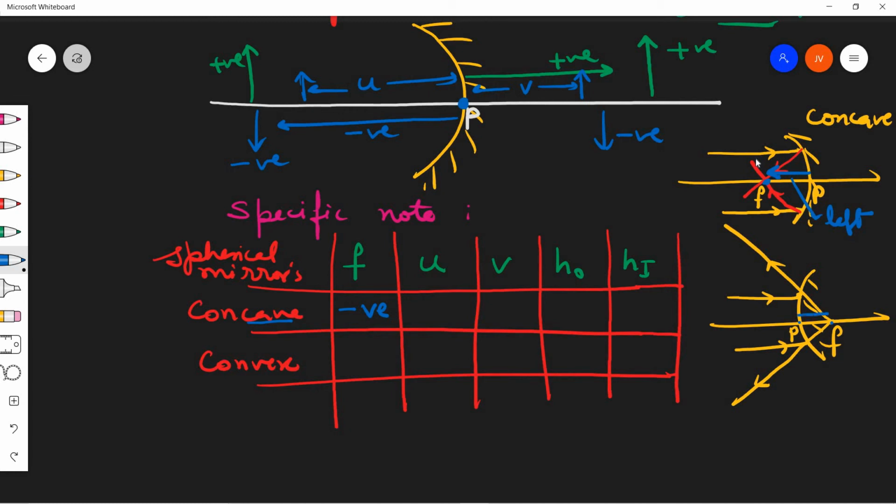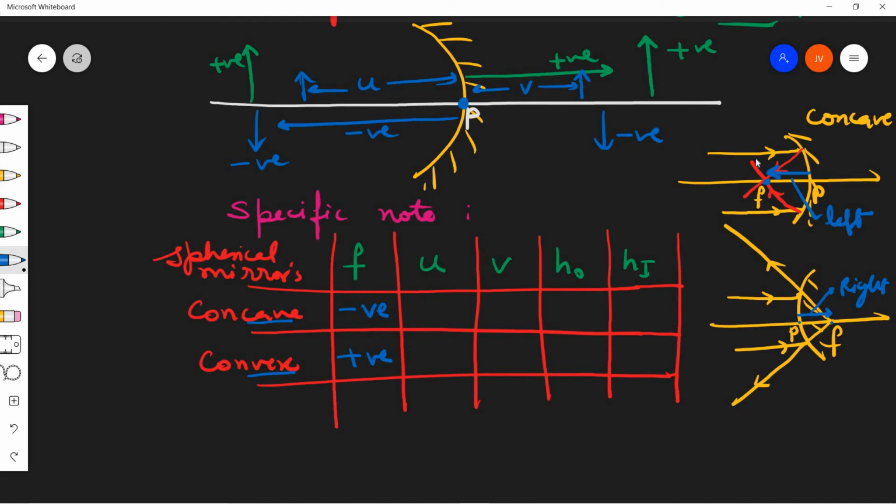But this length is to the right of the mirror, and all distances to the right side of the mirror are considered positive. So for convex mirror as well as lens, focal length is always taken positive.